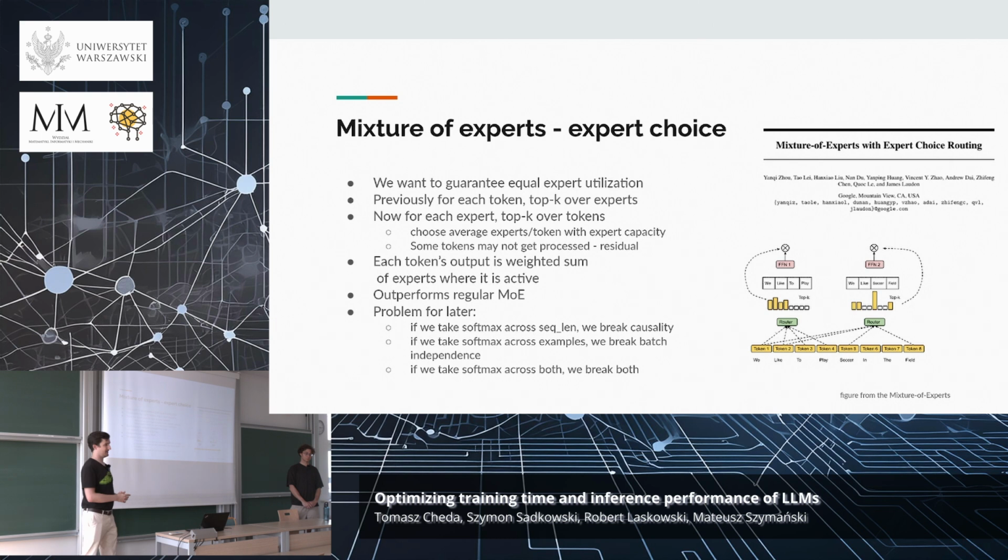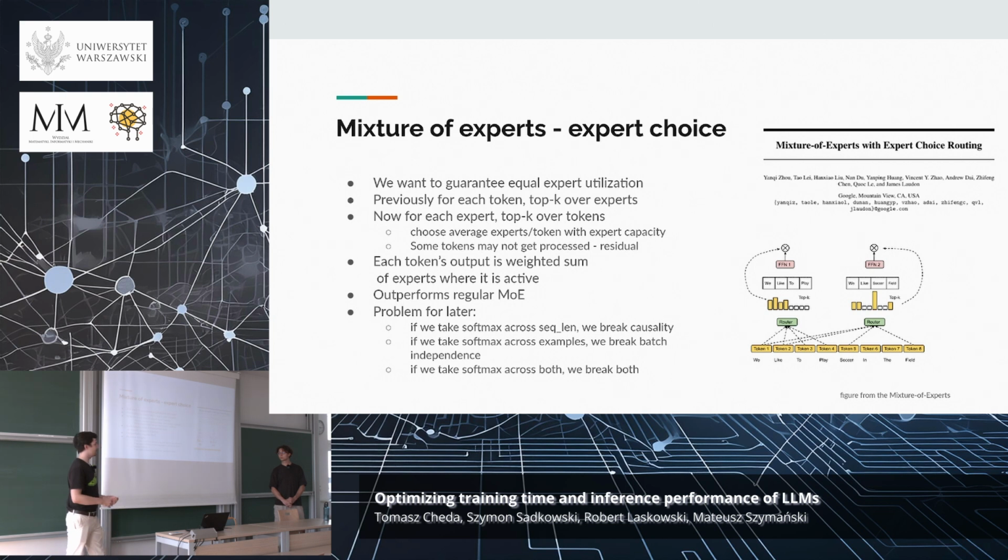But what if we didn't take the top k over experts, but instead, for each expert, we took it over tokens? Well, in that case, each expert will have the same k, so it will have the same number of tokens.